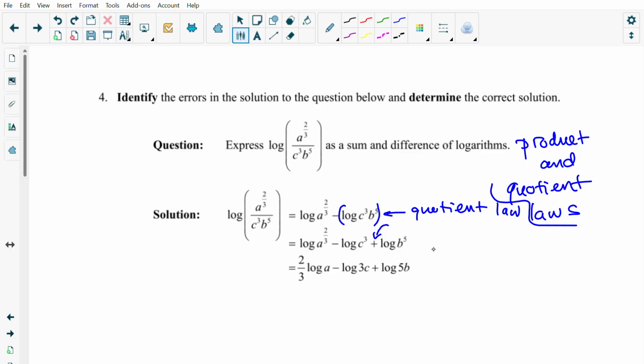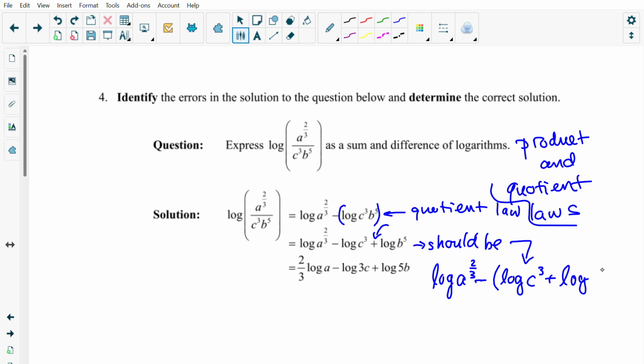I can see us using the product law, but this should be log of a to the 2/3 minus, let's use a set of brackets here. Just be careful. Log of c cubed plus log of b to the 5th.